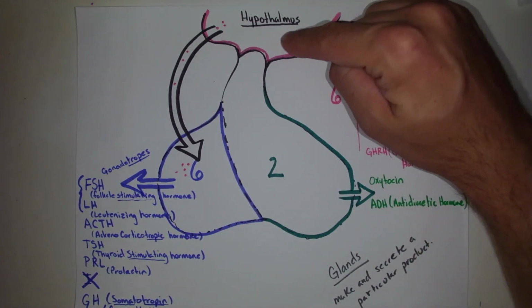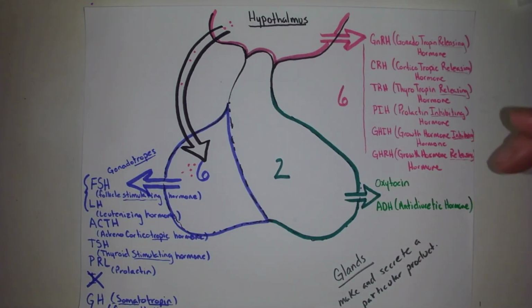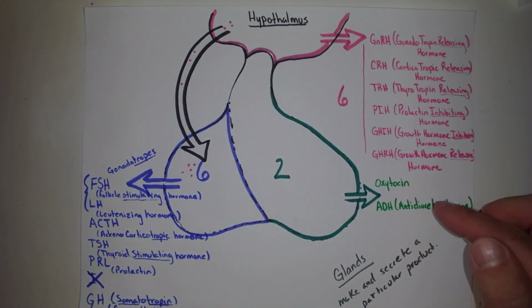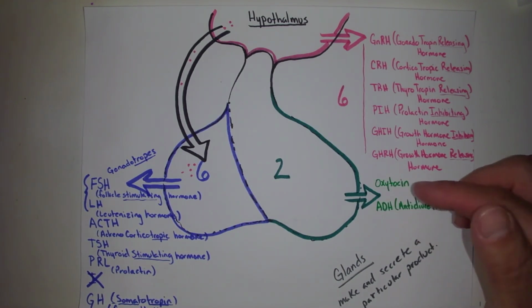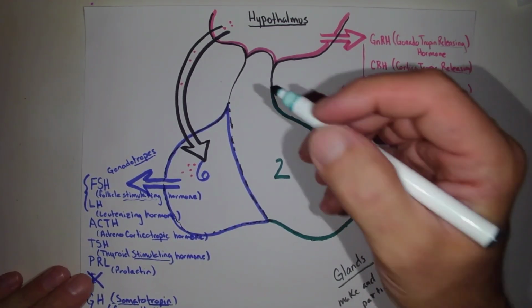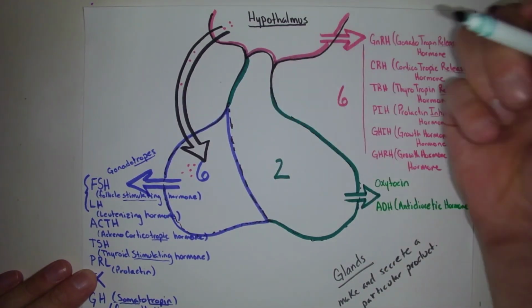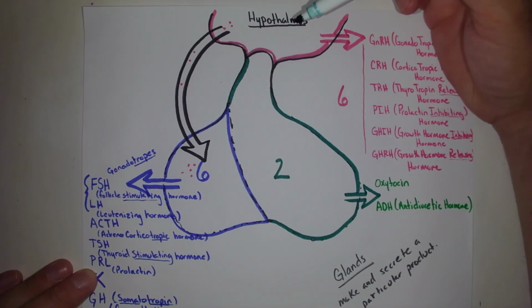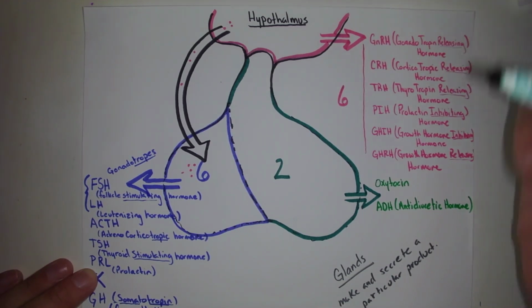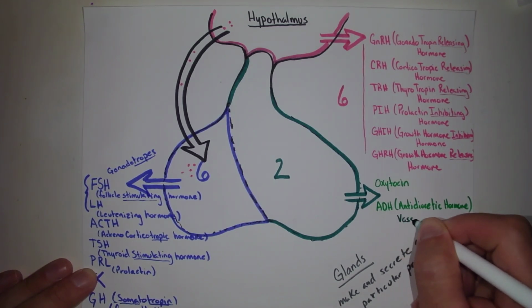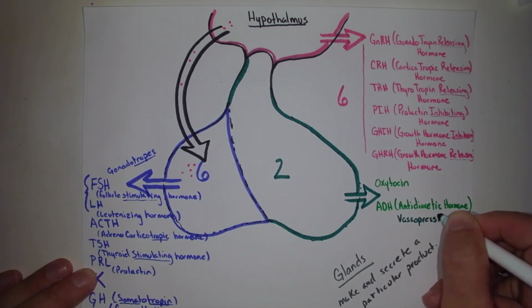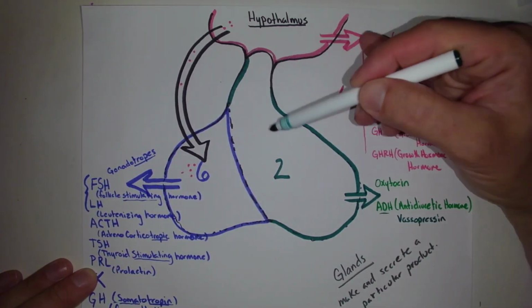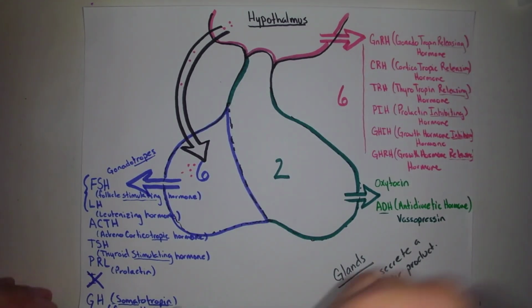The same cells that made it release it. It just happens to be released from a separate organ. This is an exception that you have to think a little more deeply about when you apply this rule. Oxytocin and antidiuretic hormone, or ADH, or vasopressin is another name for that. Vasopressin is another name for ADH. It is made in the hypothalamus but released from the posterior pituitary.